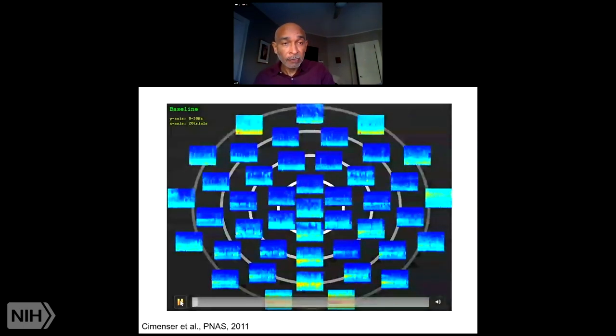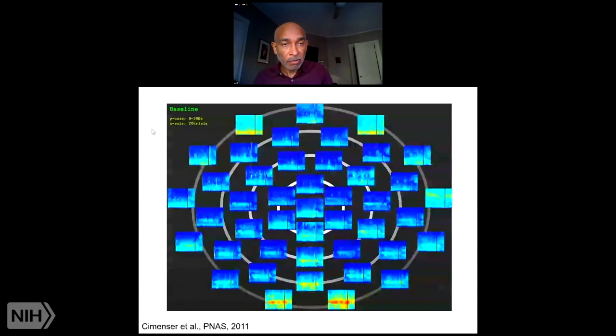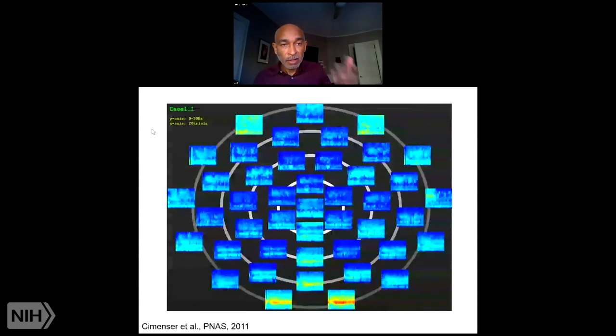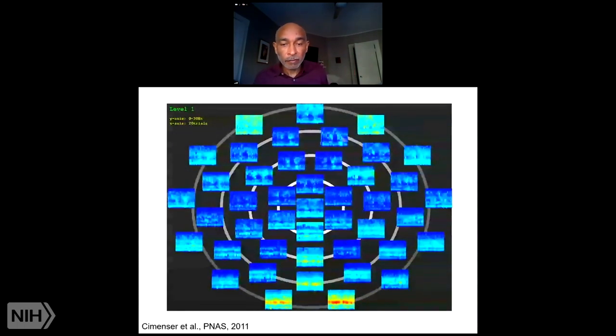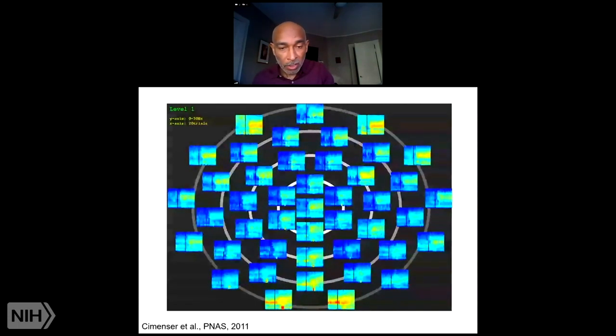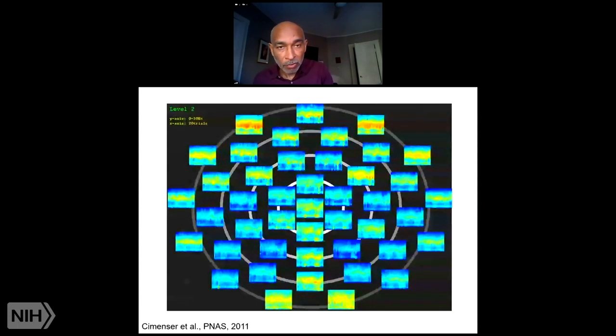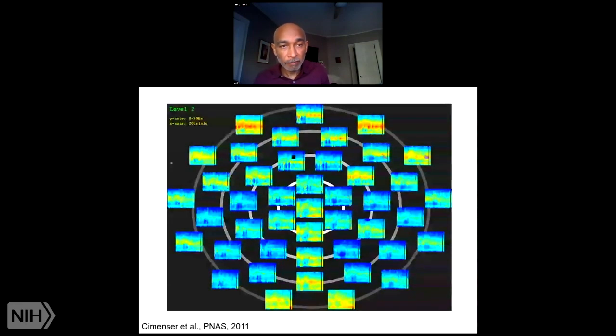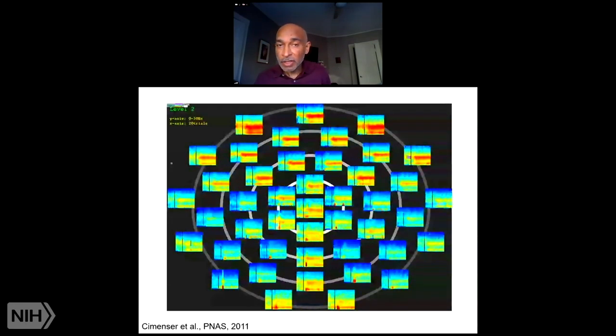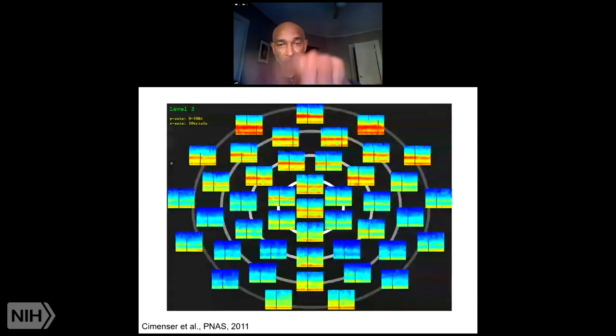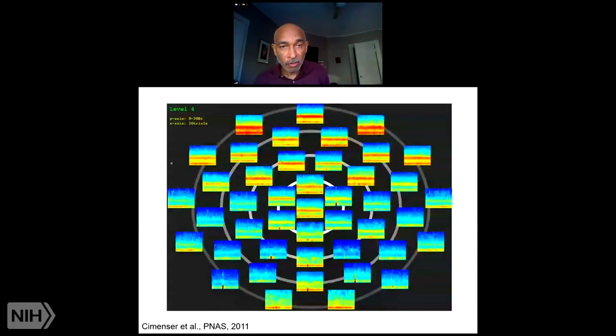So I'll play this. Baseline, there's no drug administered yet. Now the infusion starts. And watch how the alpha oscillation breaks up in the back. You see it appearing in the front. And it gets to be very intense. And we're only up to level 3. And it's coherent across the front part of the scalp there.